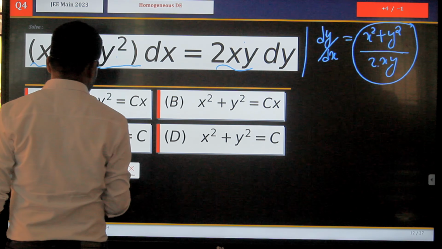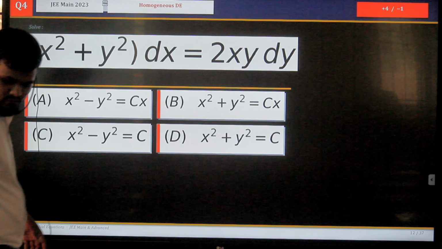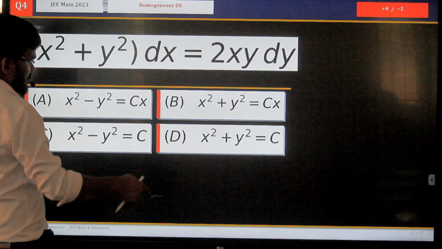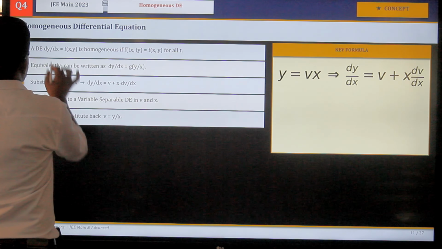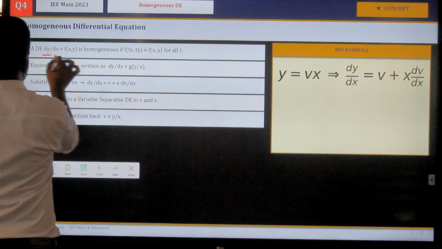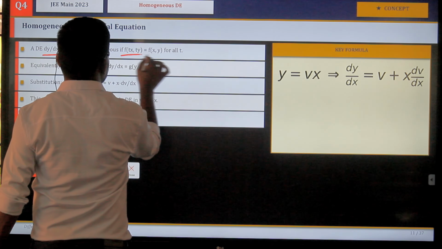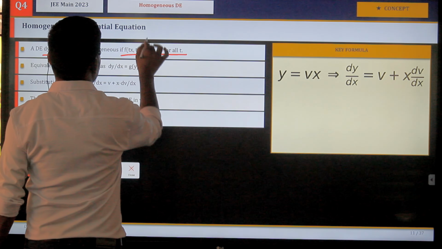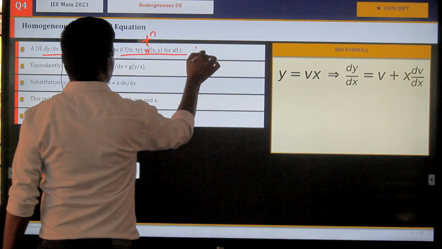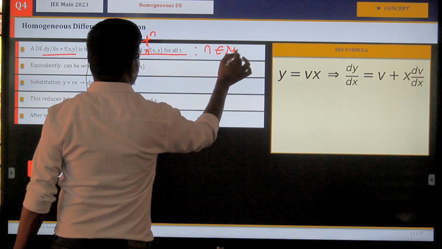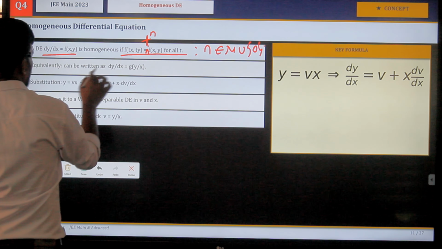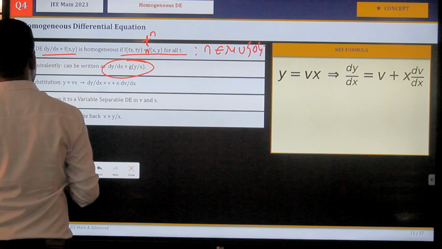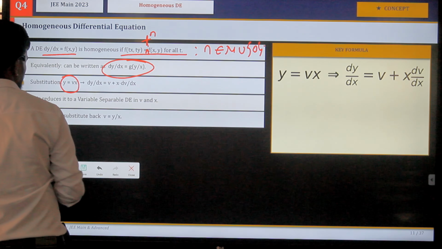What is that method? By taking y is equal to vx. For a differential equation dy by dx equal to f of x, y that is homogeneous, then you have to take in the solution y is equal to vx.